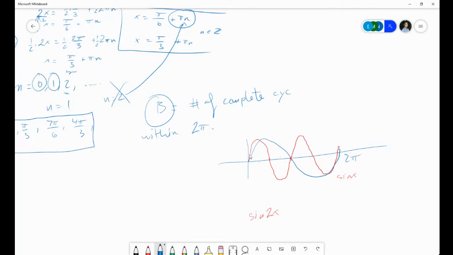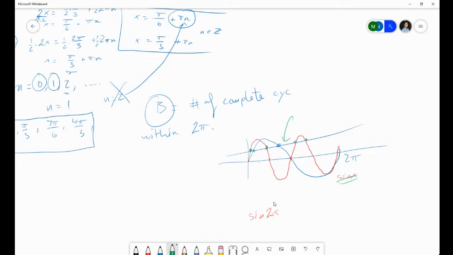Now, if I want to find out if it equals some value, you can see here, I have 1, 2 solutions for just sine x. But if I'm looking at the red one, the intersections, I have 4 of them. So it doubles the number of solutions of the original sine x. Does that make sense? Okay, that does, sir.